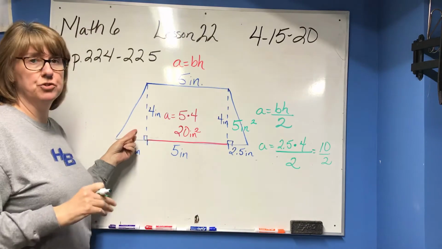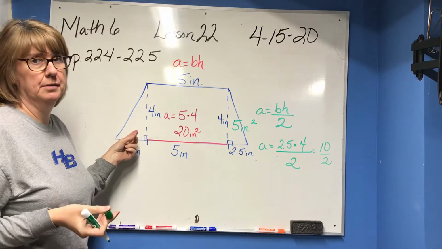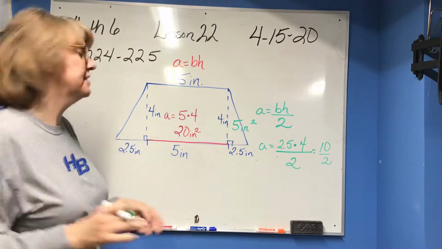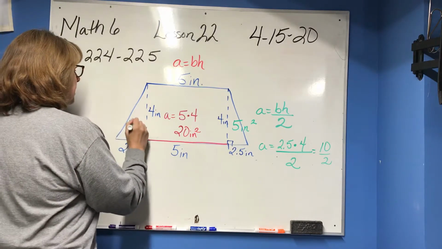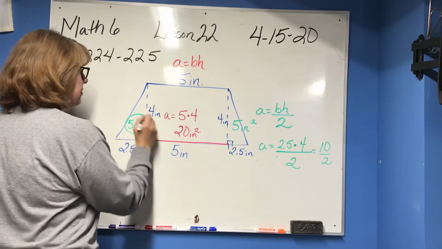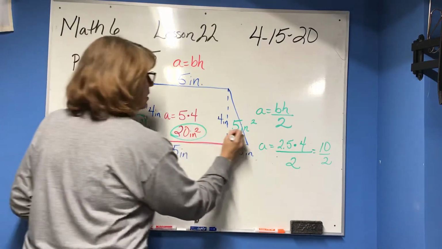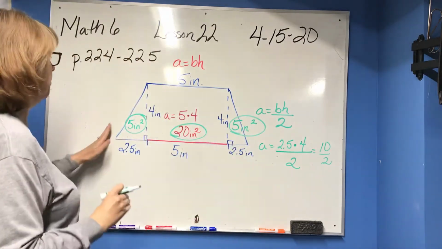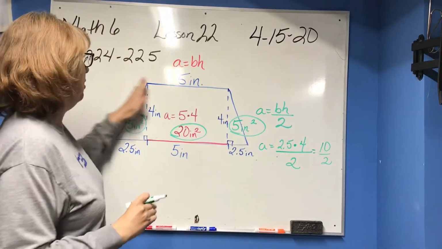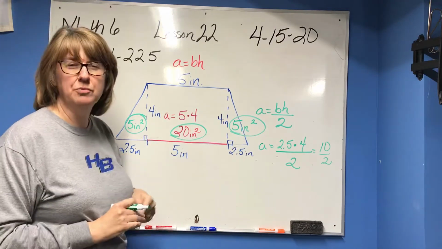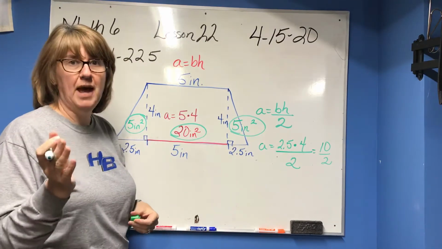Okay, well I did this triangle. What do you know about this triangle? It's the same thing, so it's going to have the exact same area. So this one is 5 inches squared. Should I circle them? So now if I want to know the area of this big giant trapezoid, what do I do with those three numbers? I would add them together.